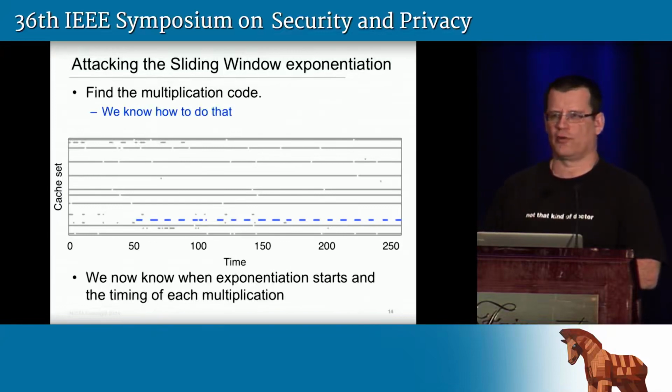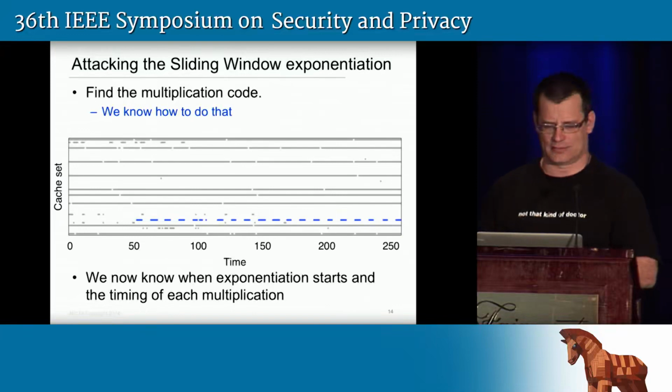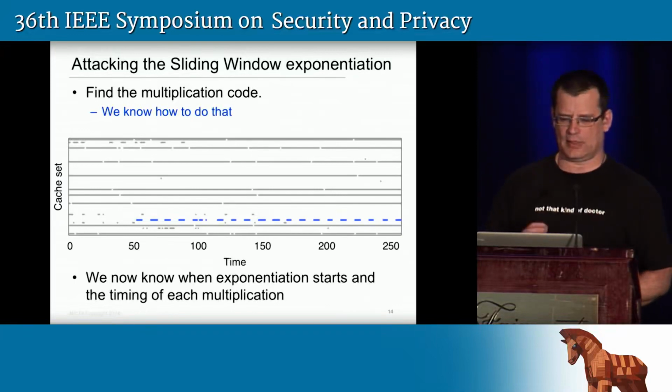So the access is very regular, and this doesn't give us any information about the key, because we knew it would be multiply separated by reduce. But it tells us that at around time 50, the exponentiation started, because we didn't have any multiplication before that. And we can tell when each multiplication is taking place. So now the only thing that we need to do is find the multipliers.